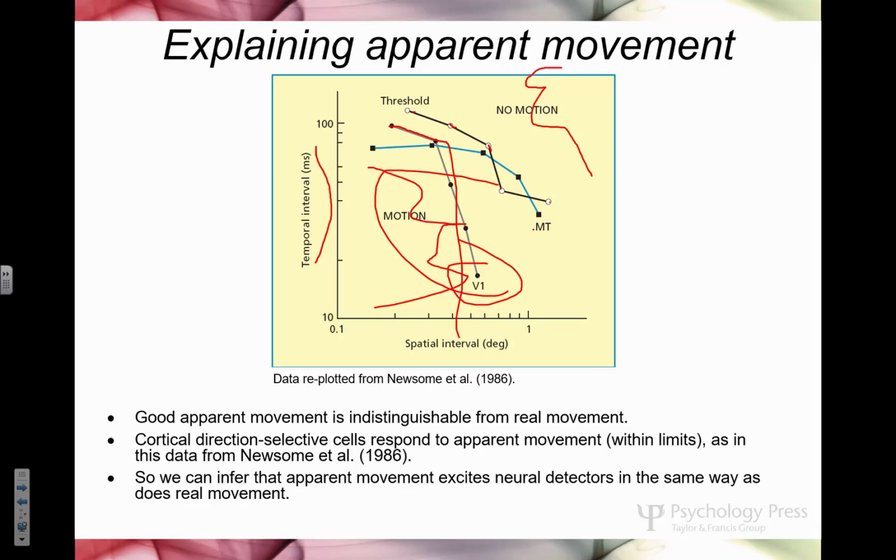However, there is a brain region called MT, which stands for middle temporal area. Another way to remember this is MT is motion, right? It is the motion detecting brain region in your visual cortex. And if you notice the response properties of the cells in MT, they very closely mimic that perceptual threshold from humans.